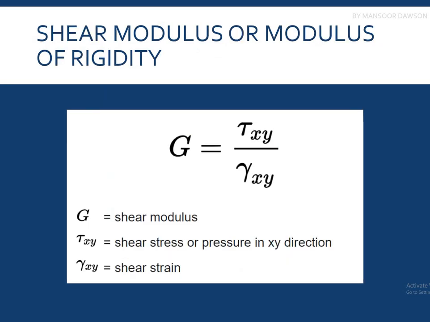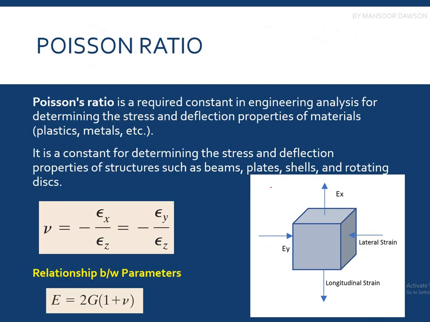Next we have shear modulus, which is also called the modulus of rigidity. It is represented by G, and again it is the ratio of the shear stress upon the shear strain. Alright, so now we have Poisson's ratio. Poisson's ratio is basically used in engineering applications to analyze the stress and the deflection properties of materials like plastics and metals.